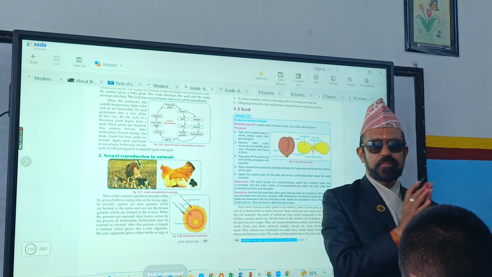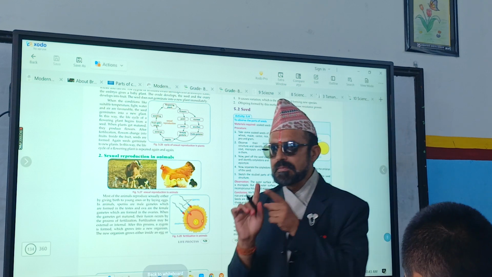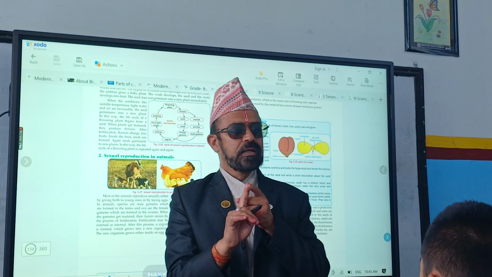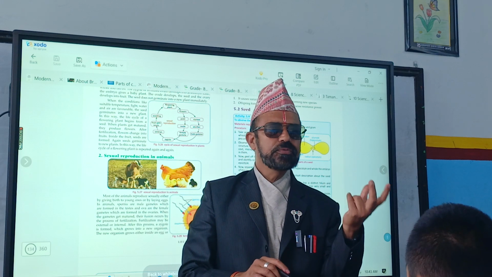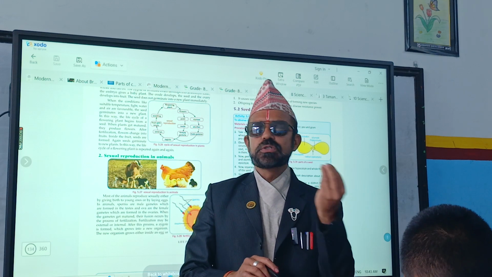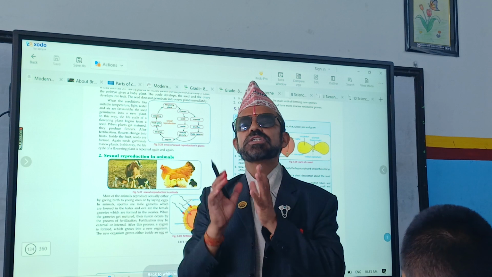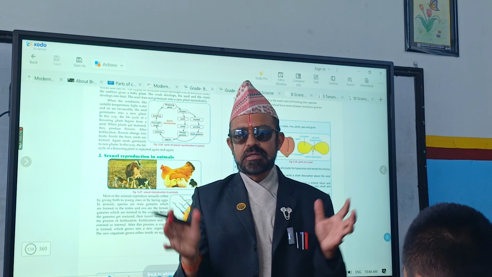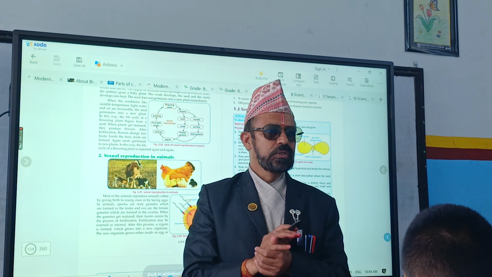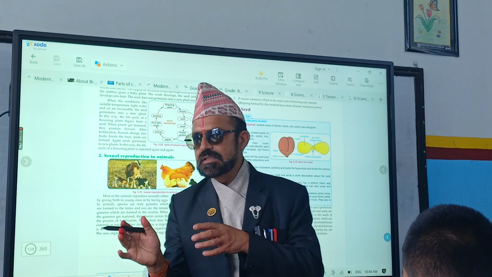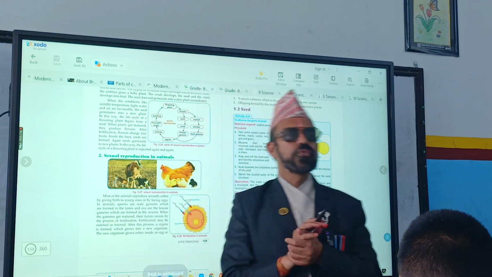In case of flowering plants, when female gamete and male gamete fuse together, then zygote is formed. What is formed? Zygote. That zygote slowly changes into seed, and ovary changes into fruit. Ovule changes into seed, ovary changes into fruit.